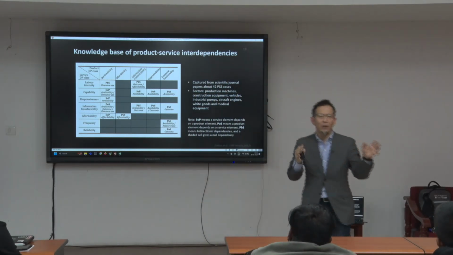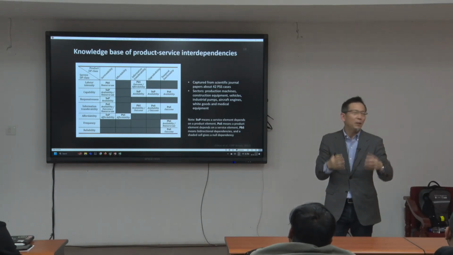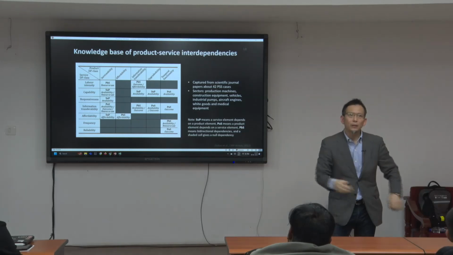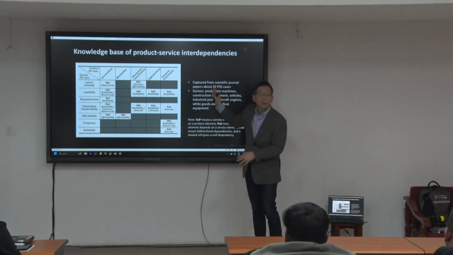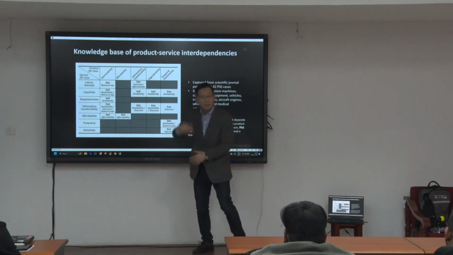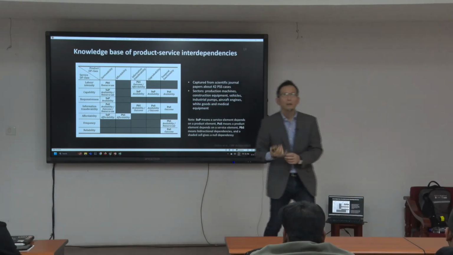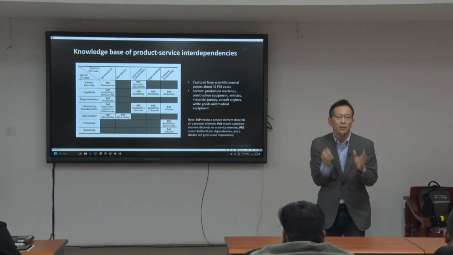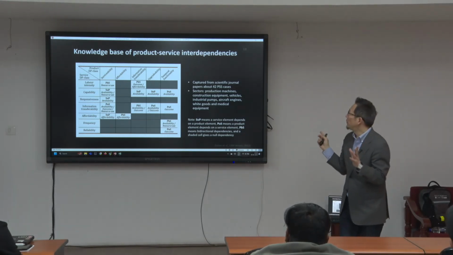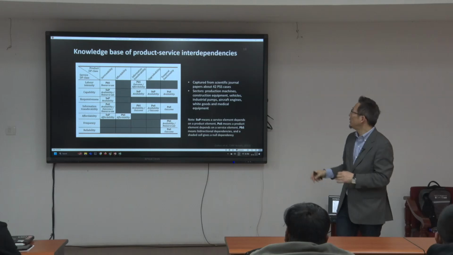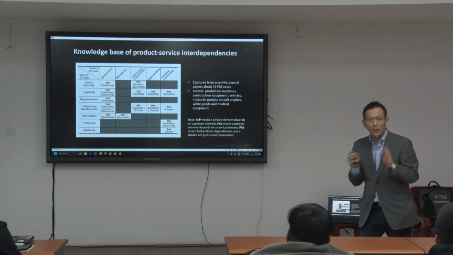For example, they may have limitation in work hours, or they may be located in too far a location, things like that. So this kind of knowledge base, based on the previous cases, indicates: please do consider these interdependencies and take them effectively into account in the design. That's the message of this slide, and designers should consider that kind of thing in the designing phase.